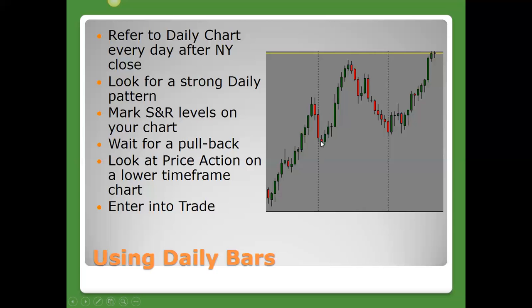So we see this, and then following that, when we get something like this, this is a weak pattern, and for the next day, we're not going to trade that because we have no market direction. When you get a candlestick pattern like this, the next day our bias is to the downside. So when creating our trade plan, we are looking for short trades.